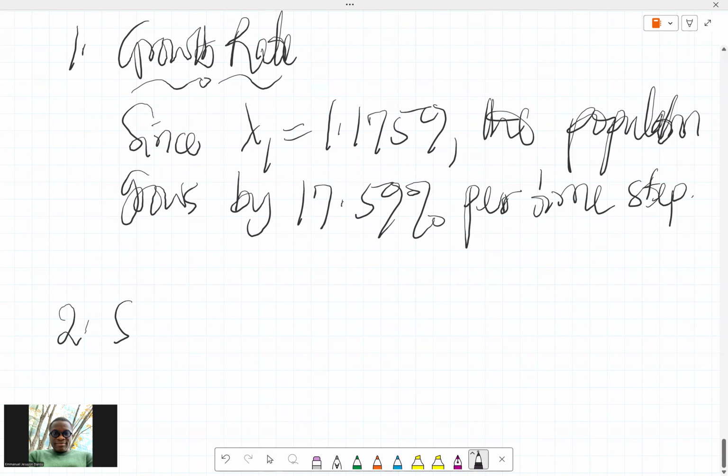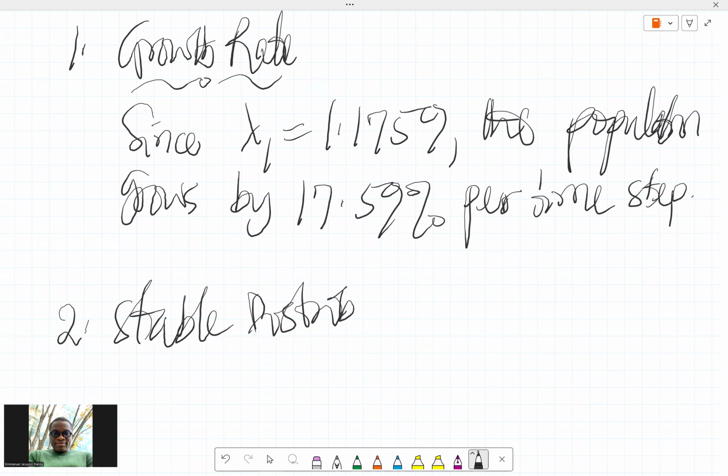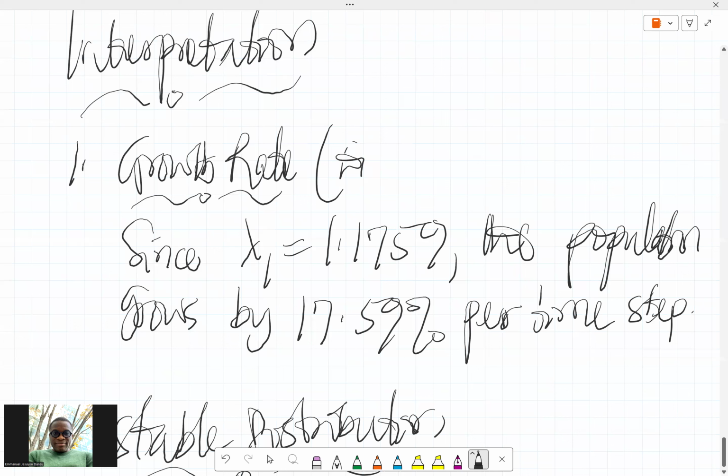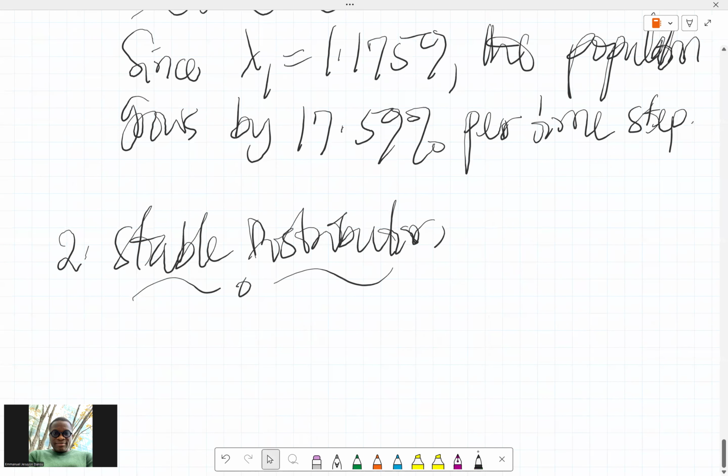Number two, we talk about the stable distribution. In the long run, the population is going to have a stable kind of distribution, and that is determined by the eigenvector. So you see, the growth rate is determined by the eigenvalue, while the stable distribution is determined by the eigenvector. So you can see their impact on the population in the long run.